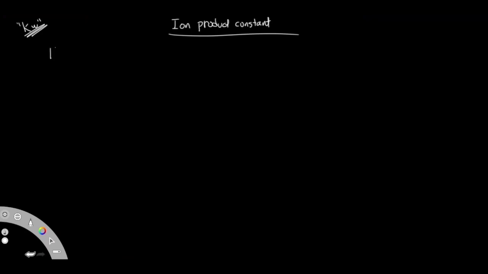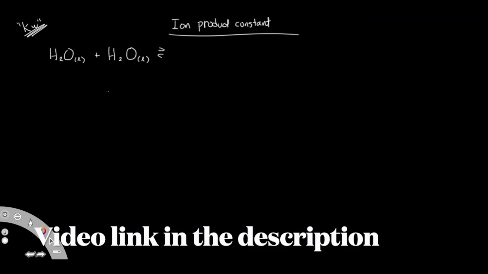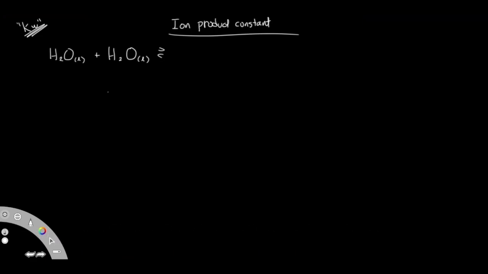So we're going to look at our water here, obviously in a liquid state, and another water here in a liquid state. Why are we using these two water molecules as our reactant? Because in the previous video we touched briefly on acids and bases. See the link in the description for this, where we saw how if one behaves acidic, simultaneously another one acts basic.